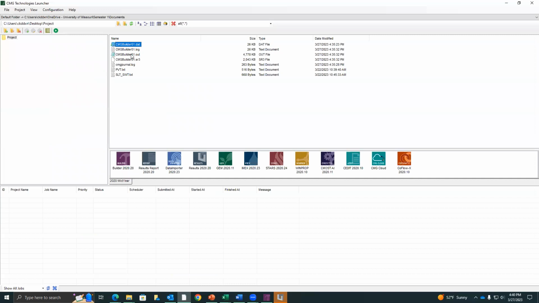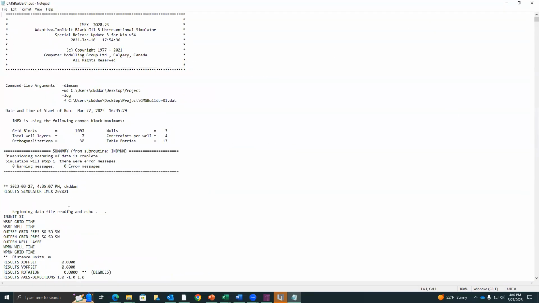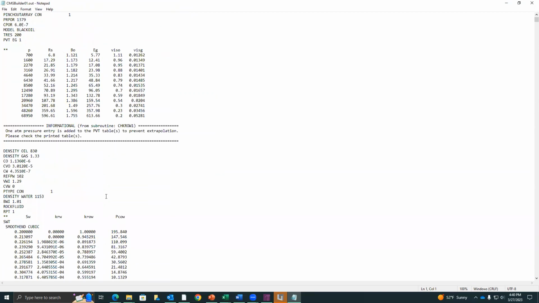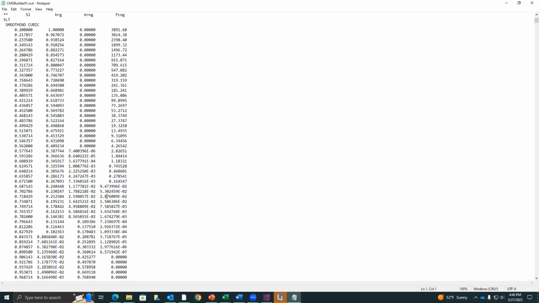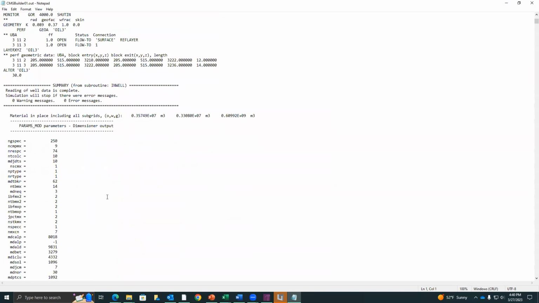All right, so when I double click on the OUT file, this is where you would find the text output file. We specified that we needed data for some specific components, specific things like the gas saturation, oil saturation based on the layers. So we'd have all that information in this file.